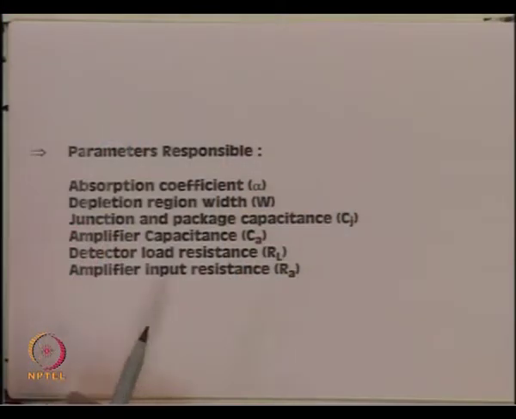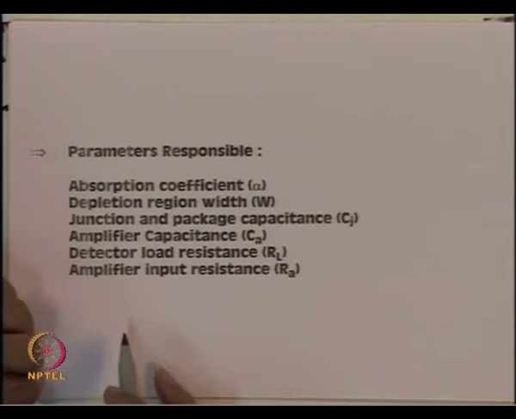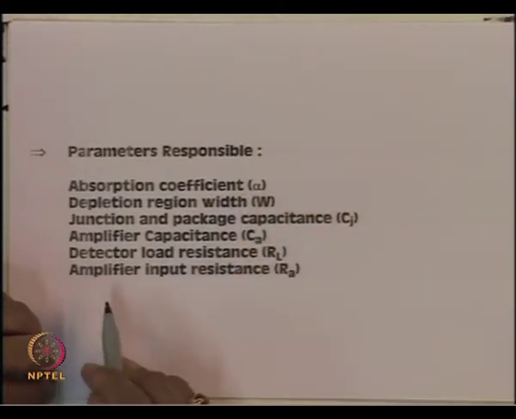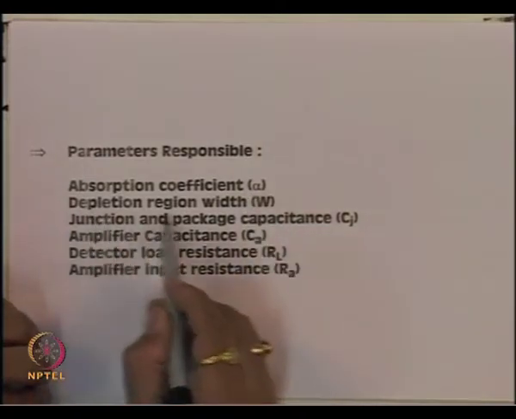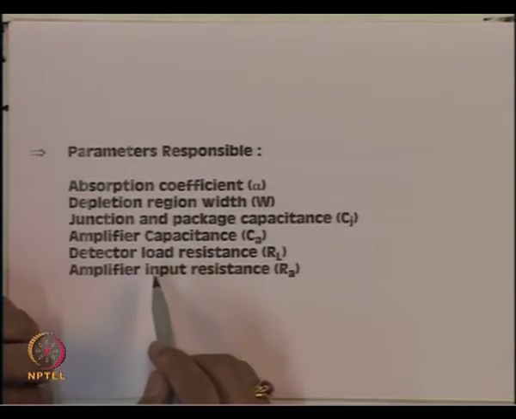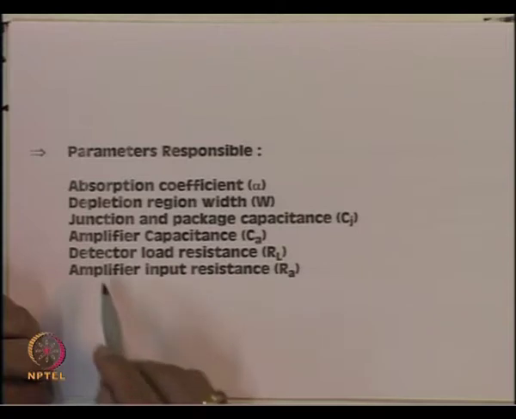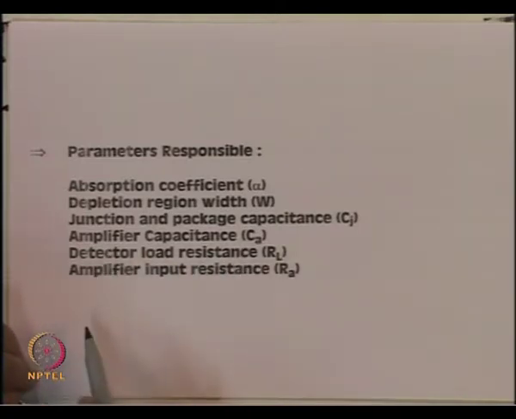So, from the junction point of view, what are the parameters responsible for this low response time? Of course, the absorption coefficient, which is decided by the material properties, then the depletion region width, the junction and package capacitances, the amplifier capacitance, the detector load resistance, and the amplifier input resistance.